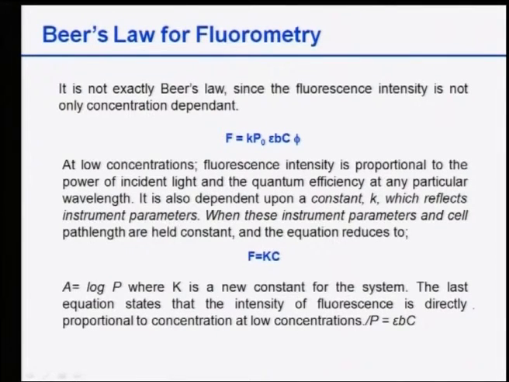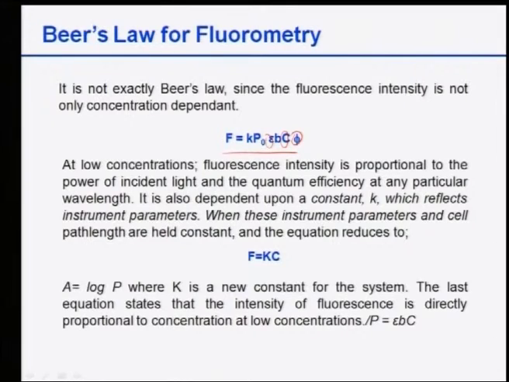Now, if we want to modify Beer's law, it is not actually Beer's law in these cases, how will it look? Fluorescent intensity is given by K P0 epsilon B C phi, and K is another small constant which depends on the solvent type. You can clearly see that quantum efficiency is a very important factor, along with the concentration and epsilon.